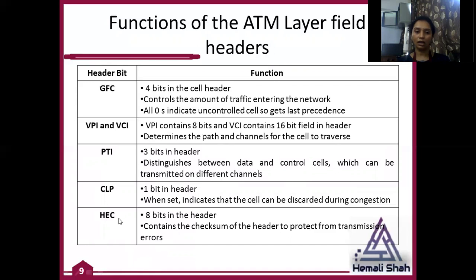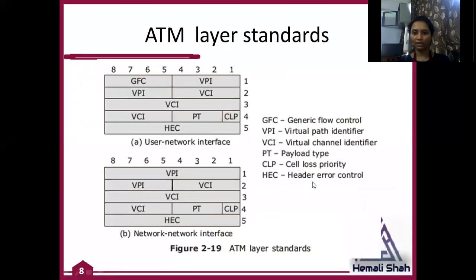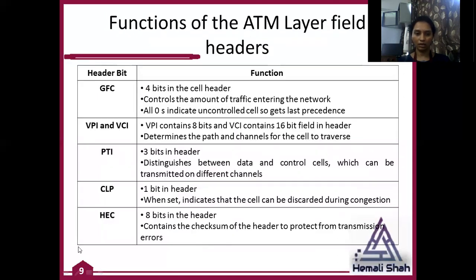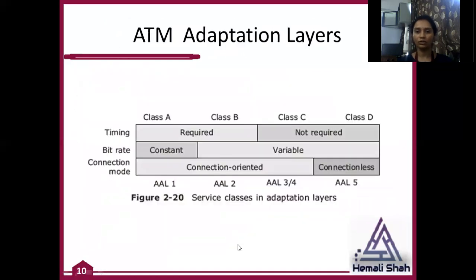The header error control, HEC, is an 8-bit field in the header. It contains the checksum of the header to protect from transmission errors. It actually handles the transmission errors.